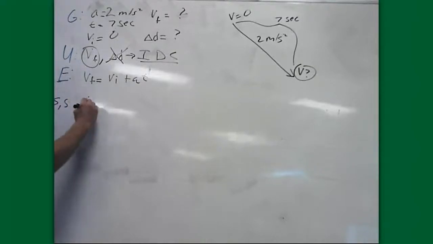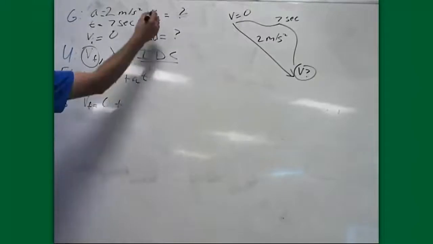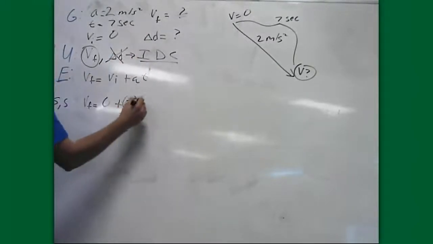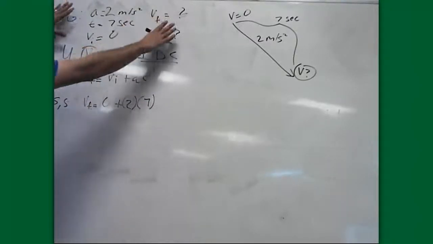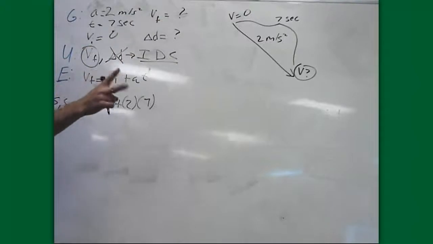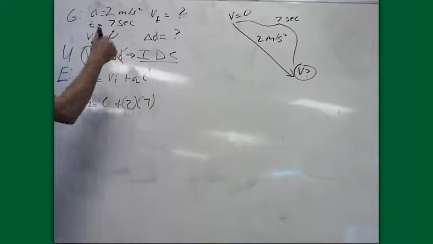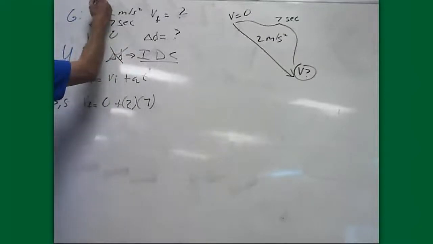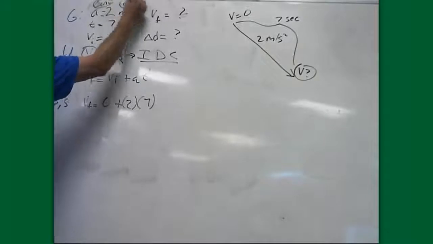So VF equals VI, which is 0, plus A, which is 2, times the time, 7 seconds. Let me pause here because I forgot to tell you something. Up at the top in the G section, there's something that I need to do, actually 2 things that I need to consider before I ever move on. The first one is conversion, and the second is direction.